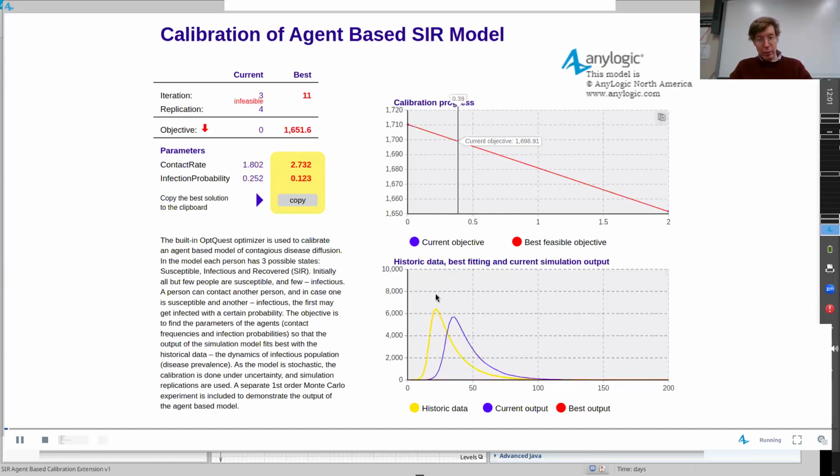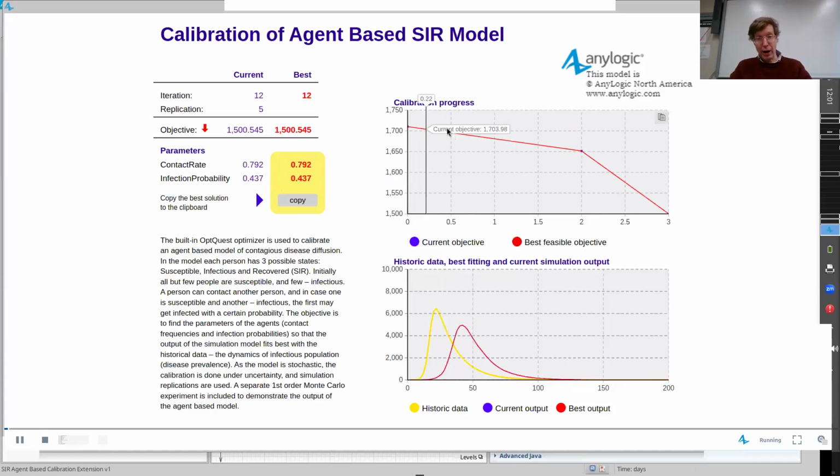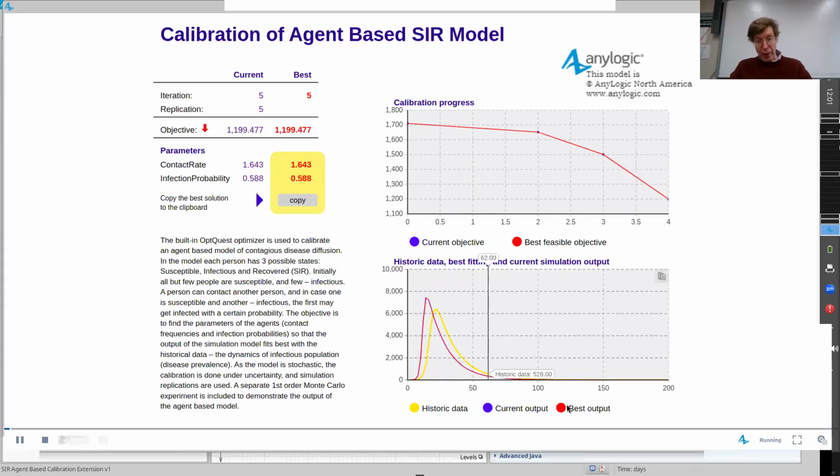Okay, so now it has completed a full five. Now it's gone down from about 1710 to about 1650. And it looks like it may have completed one more set because it's running so many of these in parallel. The best output thus far is this. It's trying to match this.